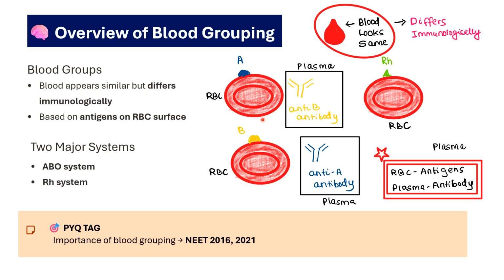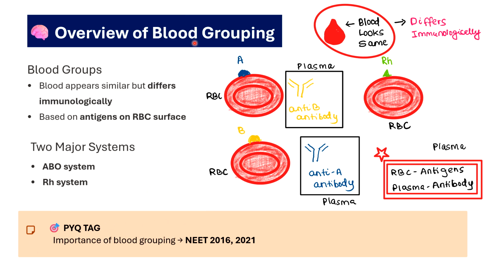And these antigens can give rise to different immunological responses. That's why when we think about blood donation or blood transfusion, we have to take care of what antigens are present on the RBC surface, or we have to take care of the blood grouping. Is that clear? So we answered this question, right?